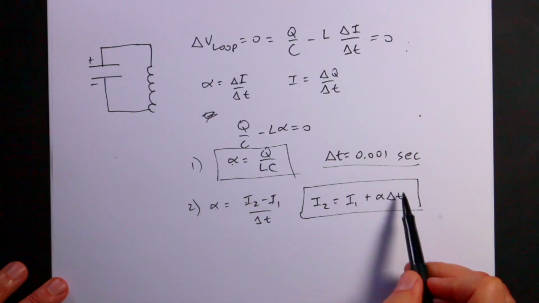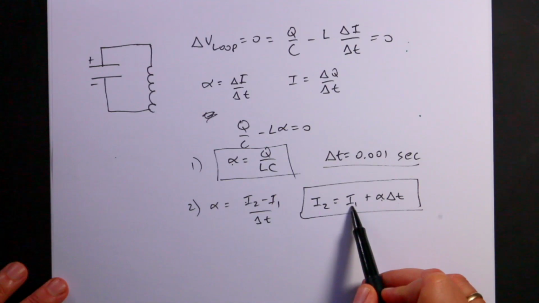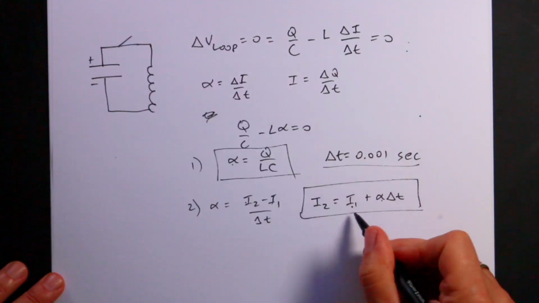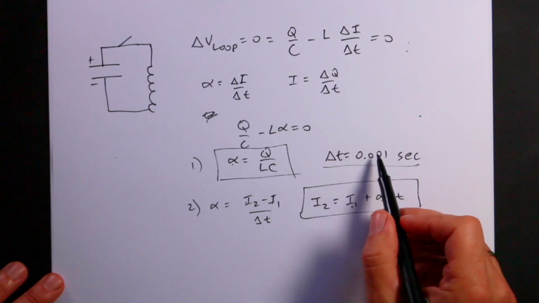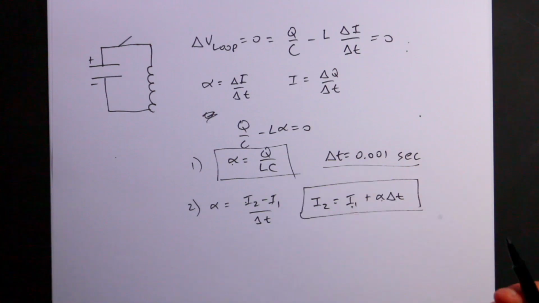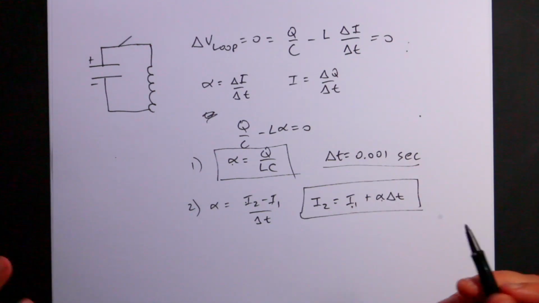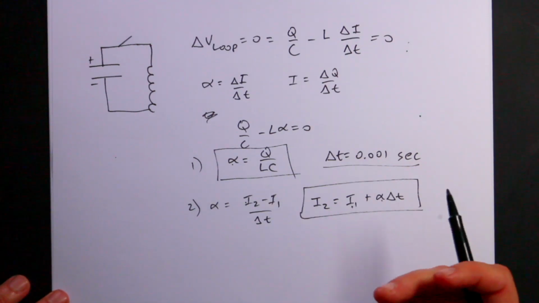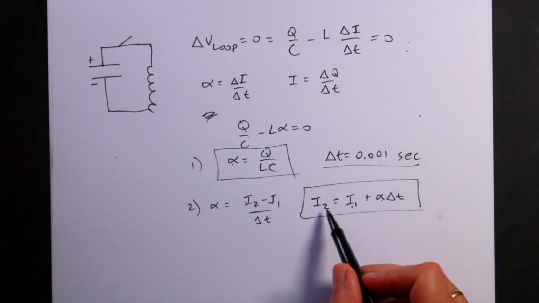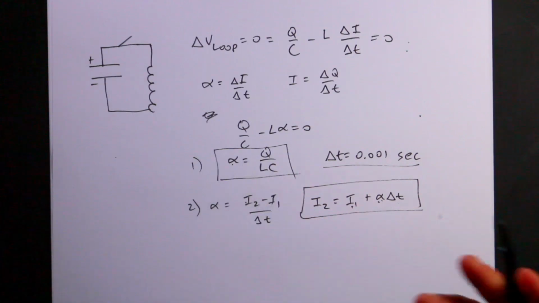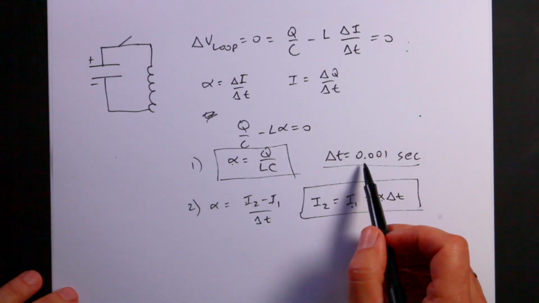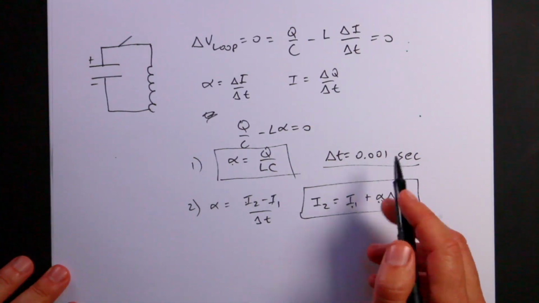I know my time interval. I know alpha. If I know my initial condition, what current I start with, in this case, if I have a switch, that would be 0, I can solve for the current at the end of this short time interval, which doesn't get me there, right? But it gets me somewhere. It doesn't get me all the way as far as I want, just for that short time interval. But here I'm assuming alpha is constant, which assumes Q is constant, which is not. But with a small enough time interval, it's kind of true.